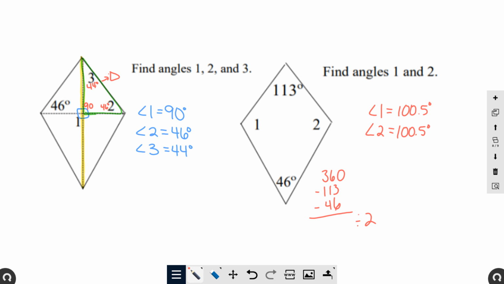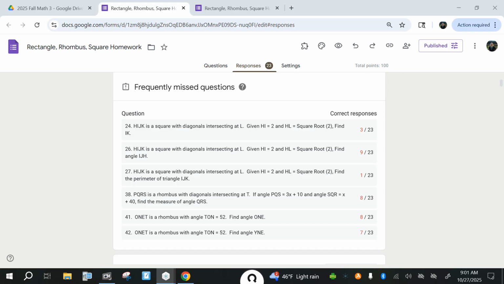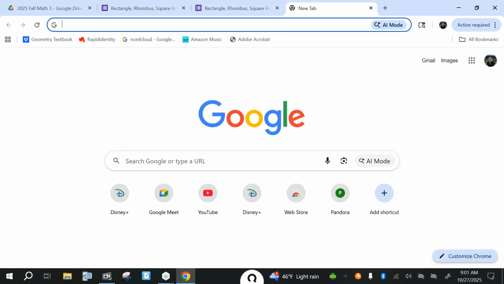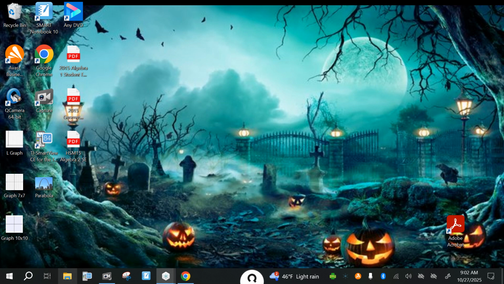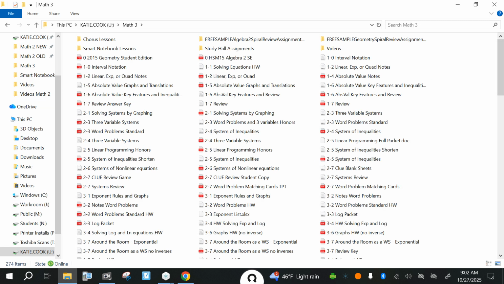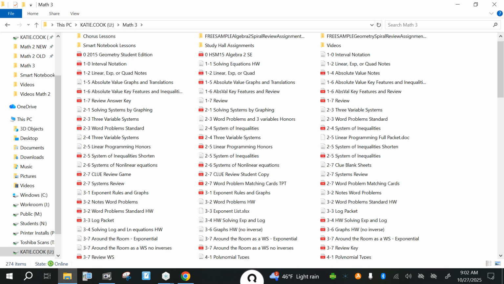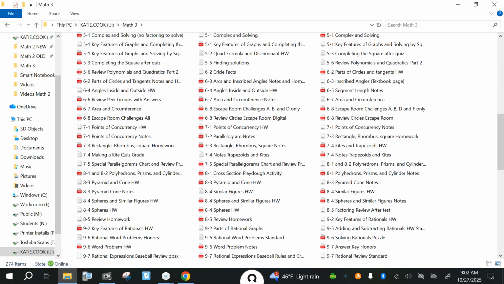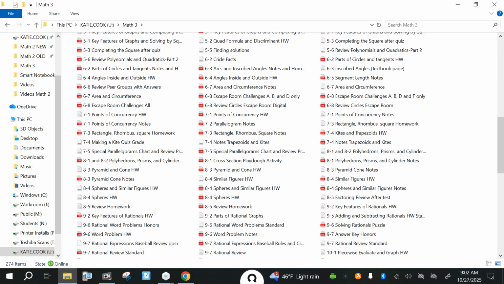All right, your homework is a worksheet that I believe is on Canvas, but also what I want to tell you is you guys have a little kite project. Dun, dun, dun. Now, it is not due until Monday, so you have plenty of time to do it. So let me find it, though.